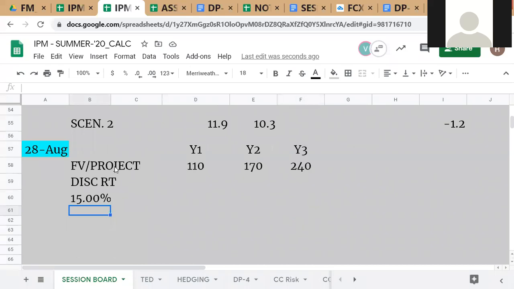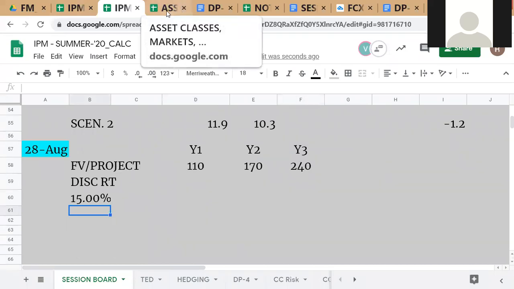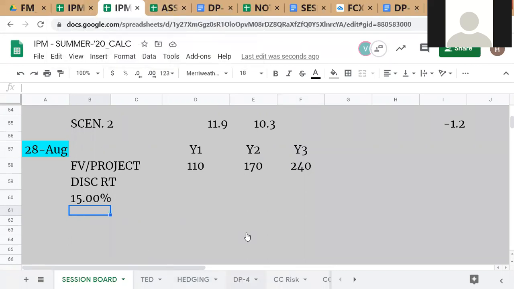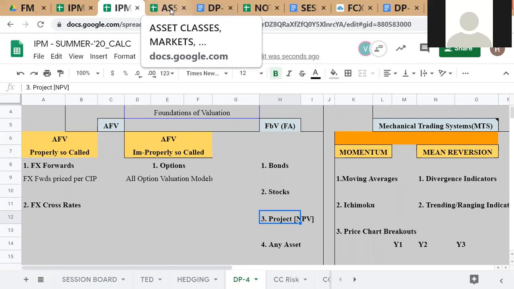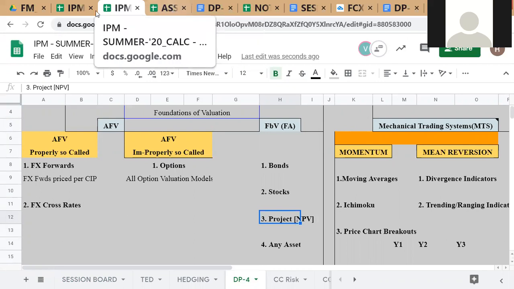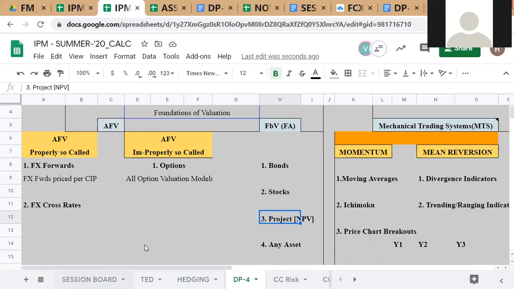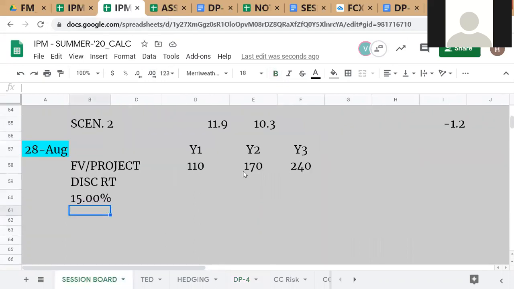So this is why I'm saying that although NPV is technically not the fair value, because NPV is the fair value adjusted by the cost of the project. You subtract the cost of the project from the fair value. If you look at your project NPV equation, it contains all these cash flows, and then it also contains that minus C0 term, which is the cost of the project.